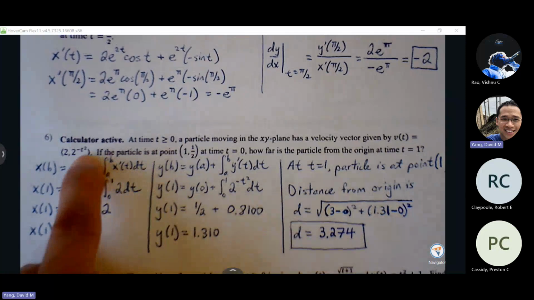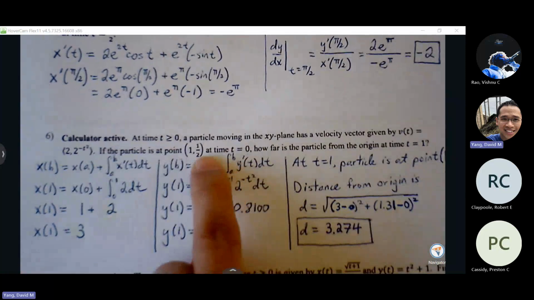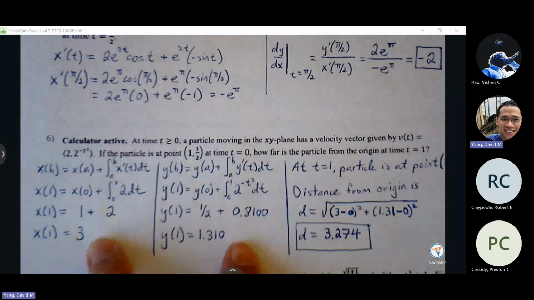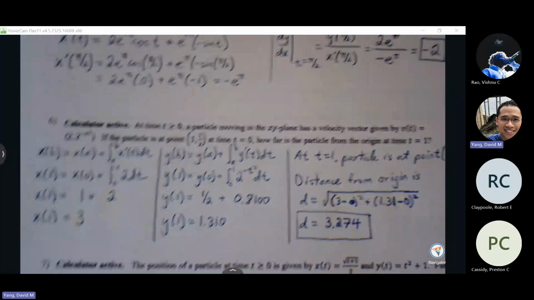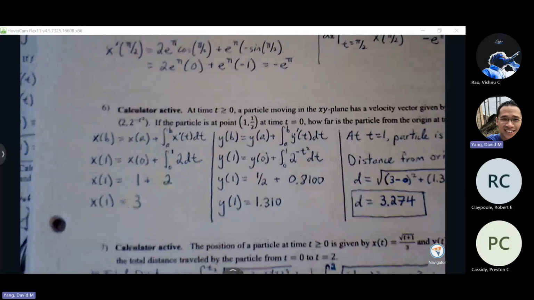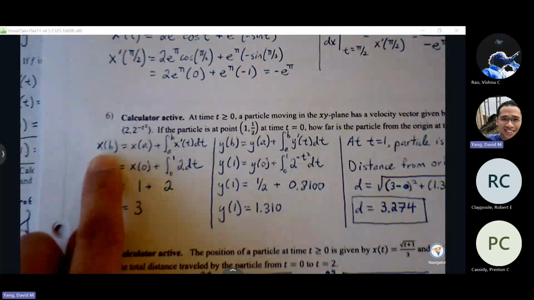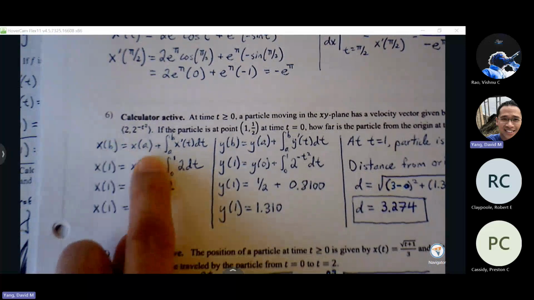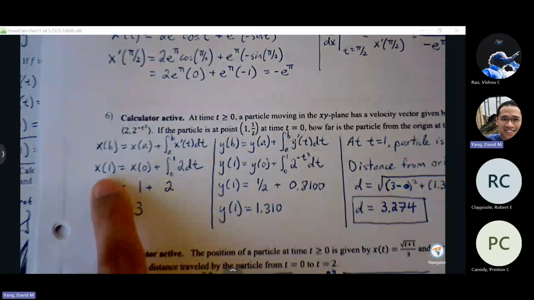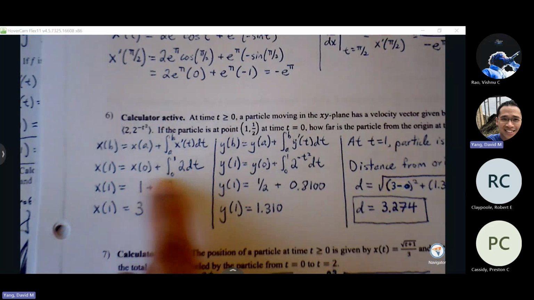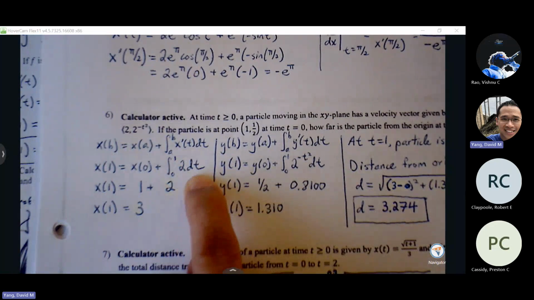And then from the y component, we have the velocity of our y component, and we also have the starting location of our y. So we just think of it as two separate problems. We just have to find our final position from our x and the y perspective. So x of b, my final position equals initial plus displacement. So x of 1 equals x of 0 plus the integral from 0 to 1 of 2 dt.